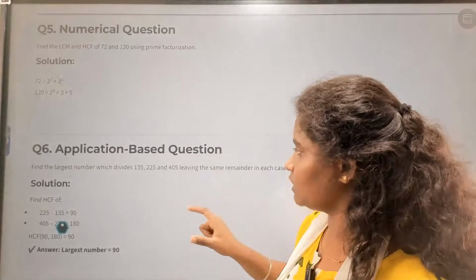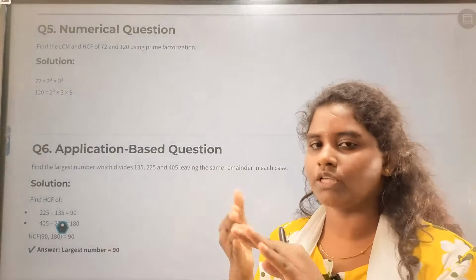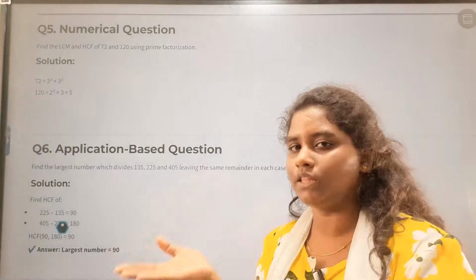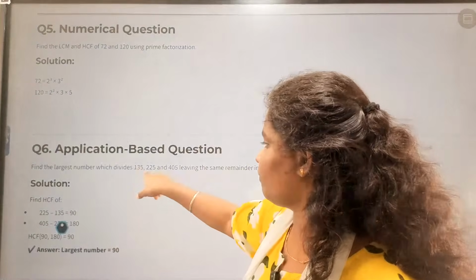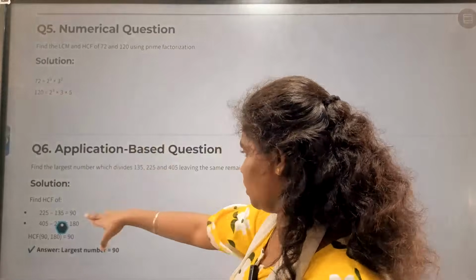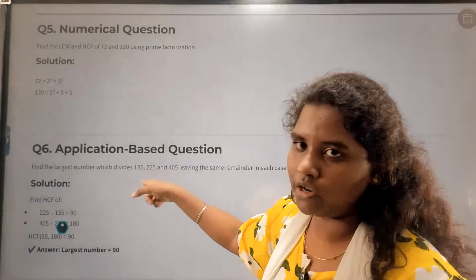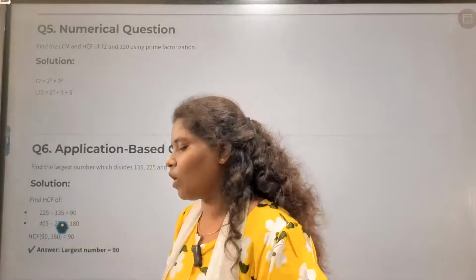So in this, I'm going to apply the second term minus the first term, and the third term minus the second term, since we have three numbers. If I subtract 225 minus 135, we'll get the answer, and 405 minus 225 gives 180.